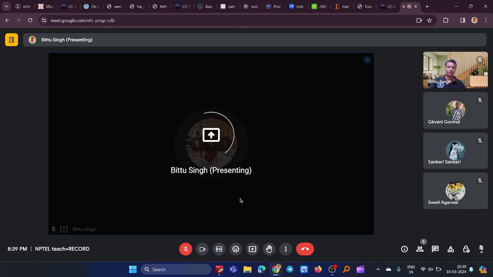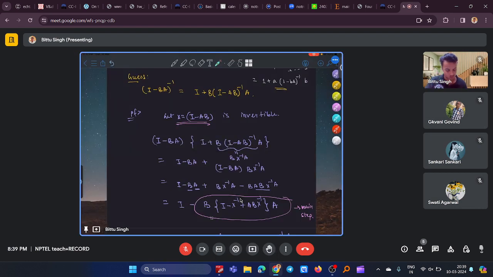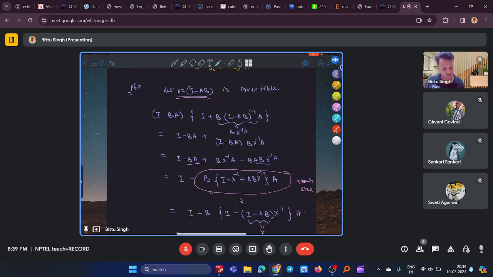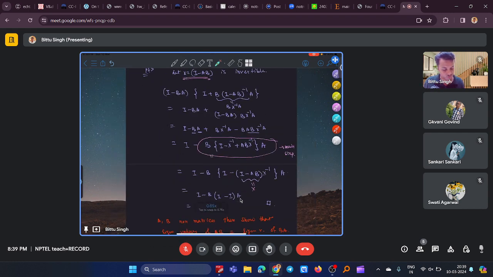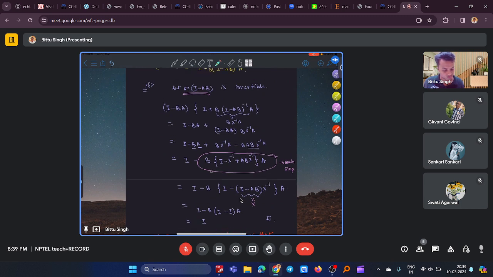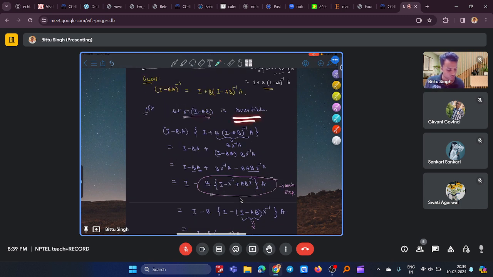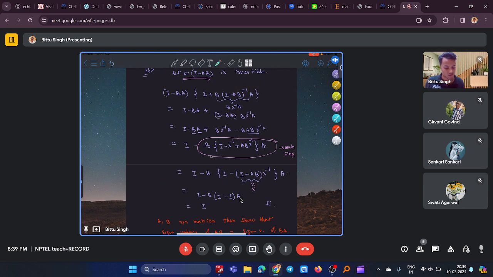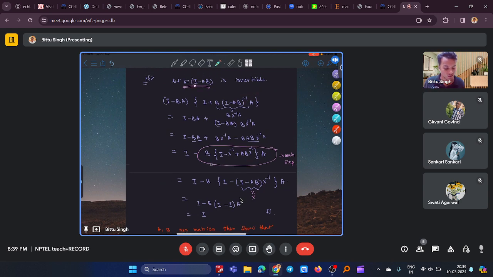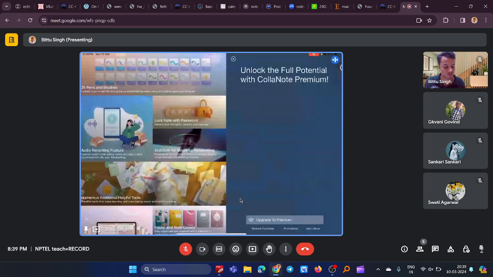So you can use this fact instead of I minus AB. You can replace lambda I here. Okay, and you may prove that one is invertible if and only if another is invertible. Instead of I minus AB, you can put lambda I minus AB here.